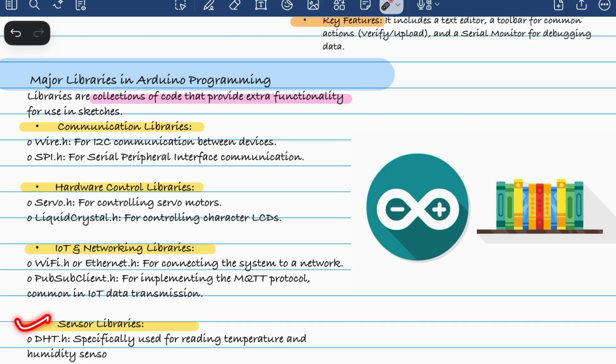And lastly, we have sensor libraries like DHT.h, right? This library is specifically designed to handle the complex timing communication protocol used to pull clean, calibrated temperature and humidity readings from sensors like the DHT11 or DHT22.